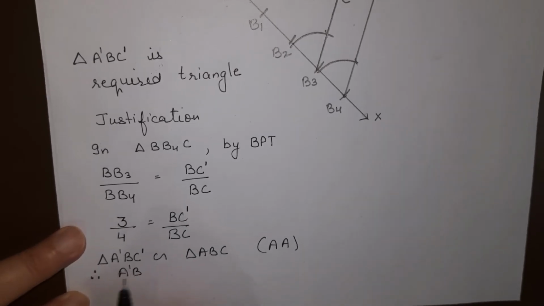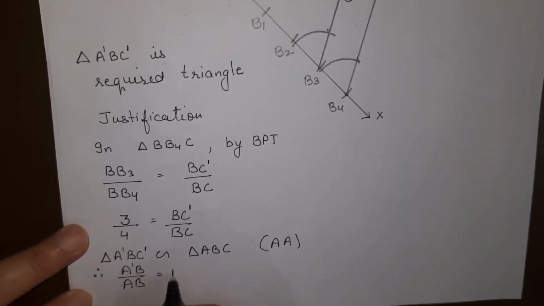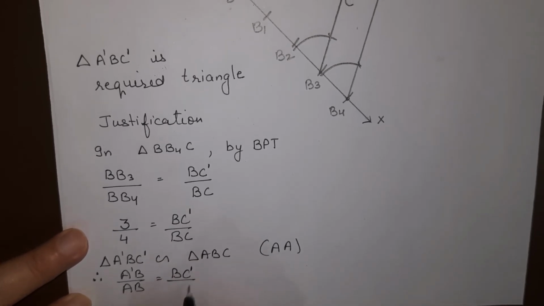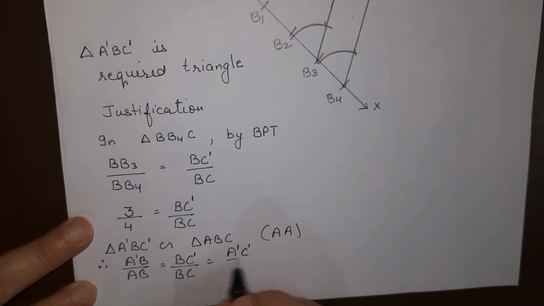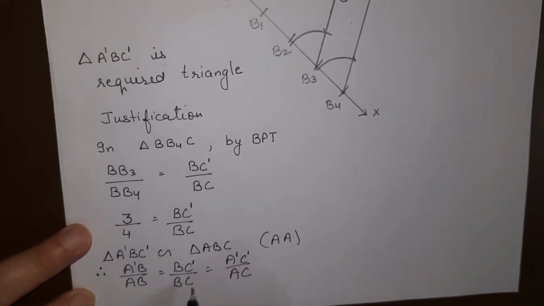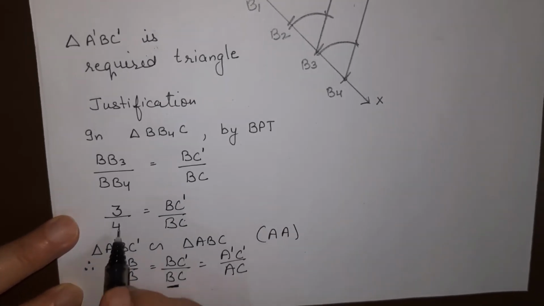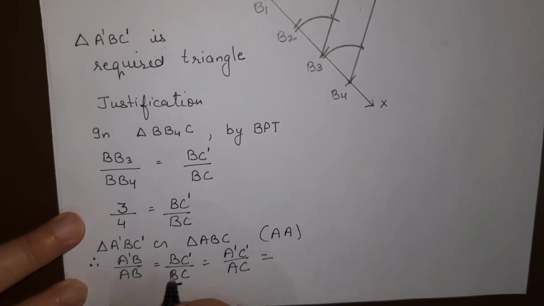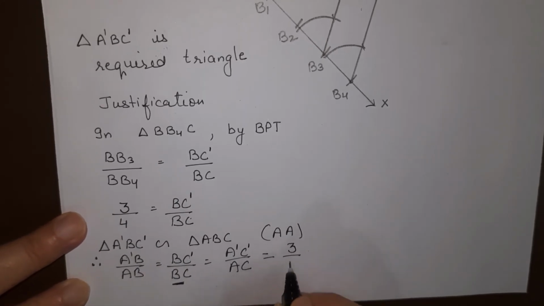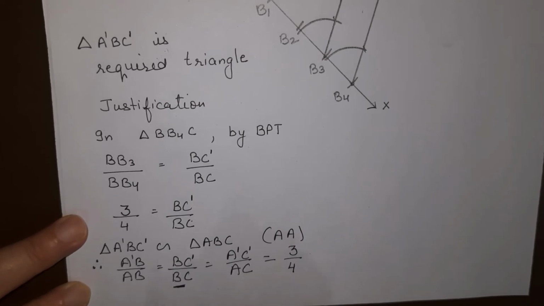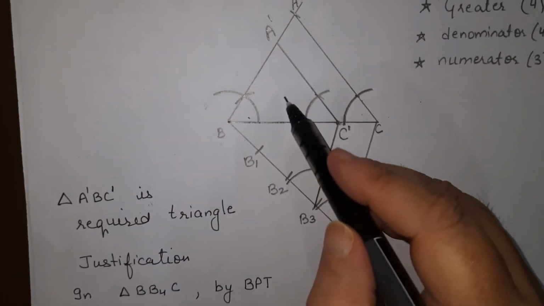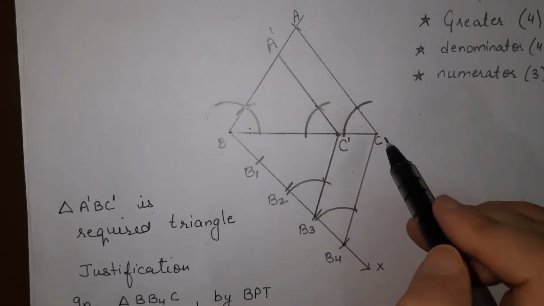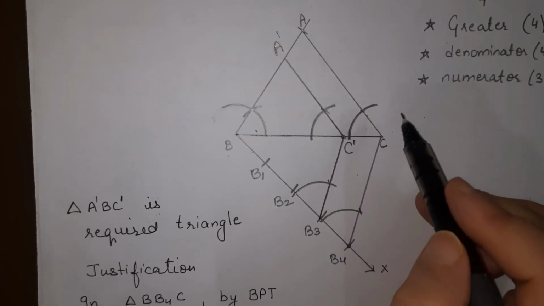That is A dash B over AB equals BC dash over BC equals A dash C dash over AC. Now see this ratio, this is 3 by 4. So all these ratios are also 3 by 4. That means the new triangle which is constructed has sides 3 by 4 of the sides of the original triangle.